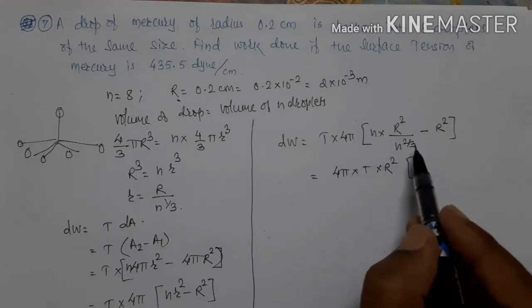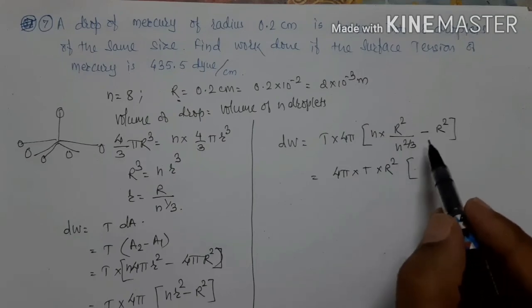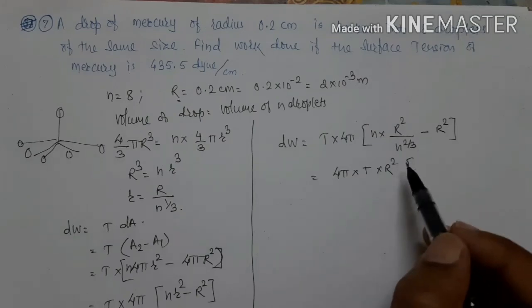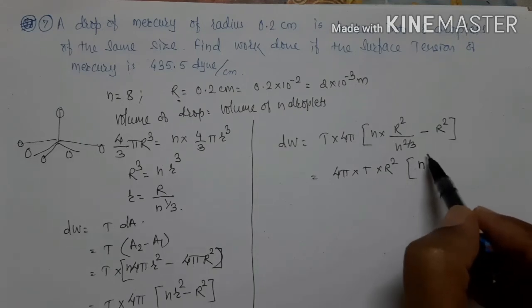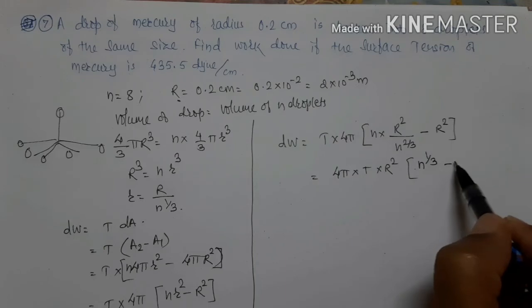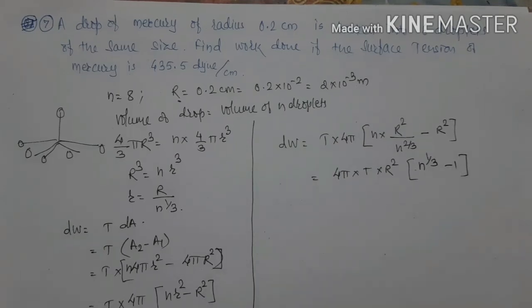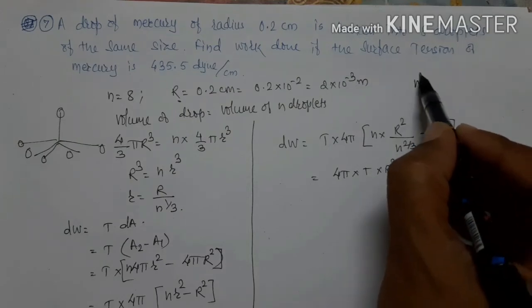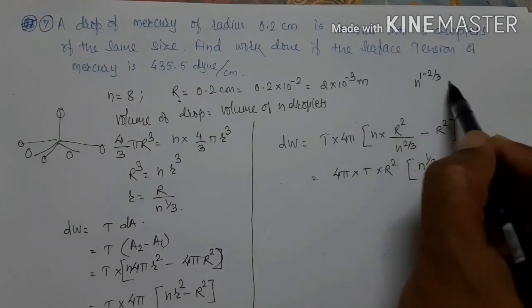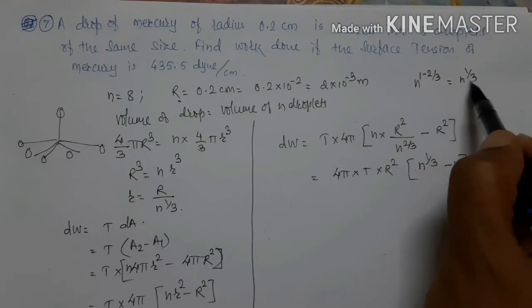It is 1 minus 2 by 3. In division there is subtraction of indices, and here it comes out to be n raised to 1 by 3 minus 1. How does it come? n raised to 1 minus 2 by 3 is equal to n raised to 1 by 3.